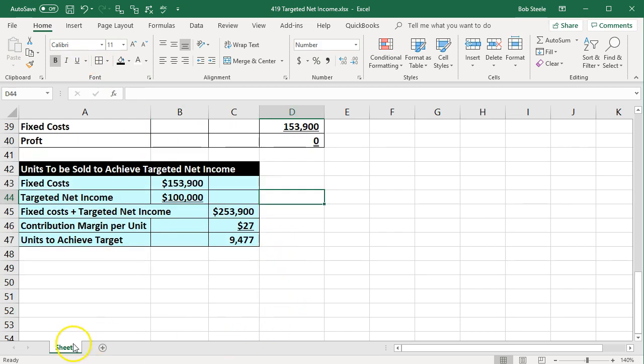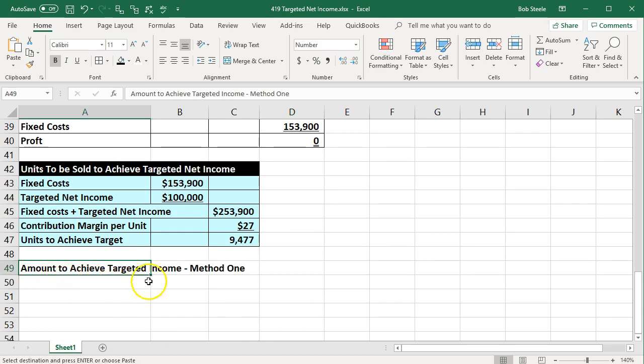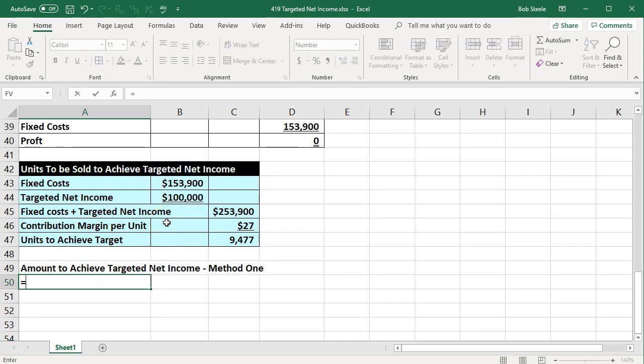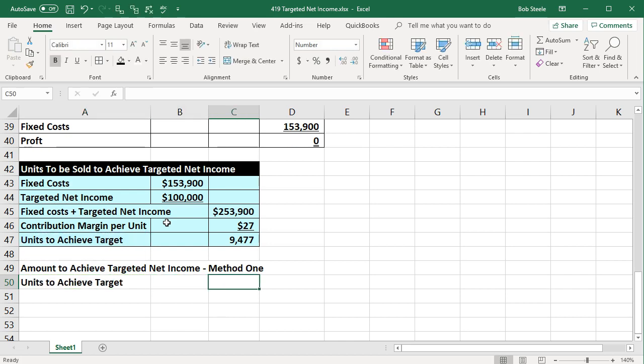So we're going to do method 1 and method 2 as we did with the break even for the dollar amount now. So we're going to achieve the targeted, let's say, net income, and we're going to say the units. So we'll start off with the units up top that we've calculated. And we're going to say that this equals this 9477.